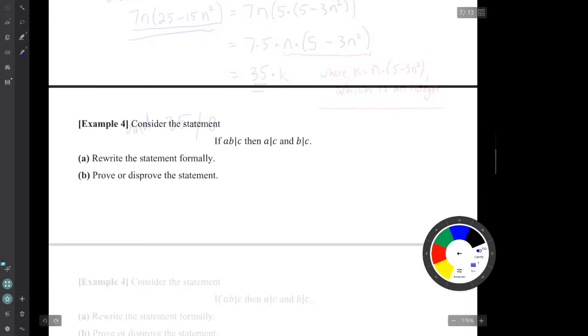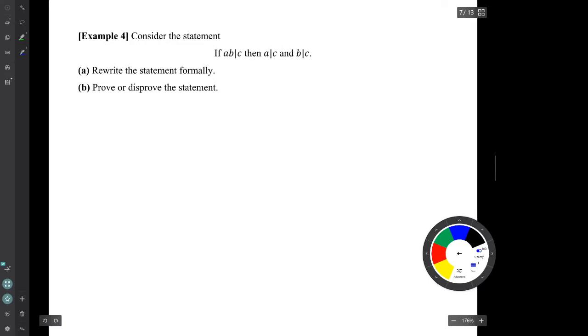Let's do another example. Consider this statement. If AB divides C, then A divides C and B divides C. So the first question is to rewrite that statement formally. Notice that this is implicitly quantified.